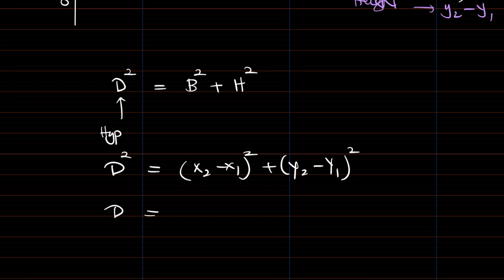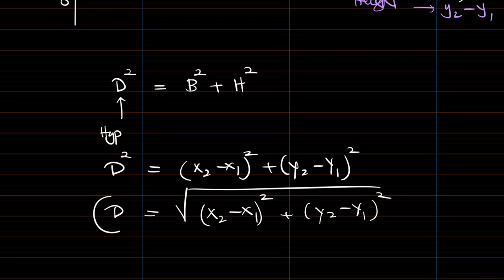Therefore, d, the distance between 2 points, is the square root of this bracket squared plus this bracket squared, and don't forget to put the square root. That is how we get the idea of distance between 2 points.